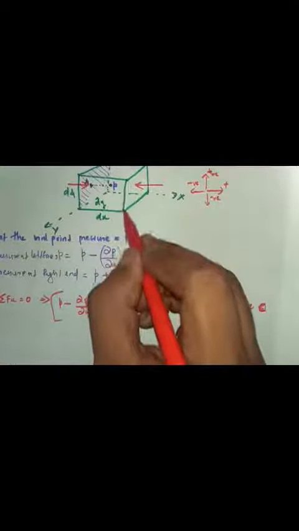What is that area? This area is again dz into dy. This whole is equal to 0.